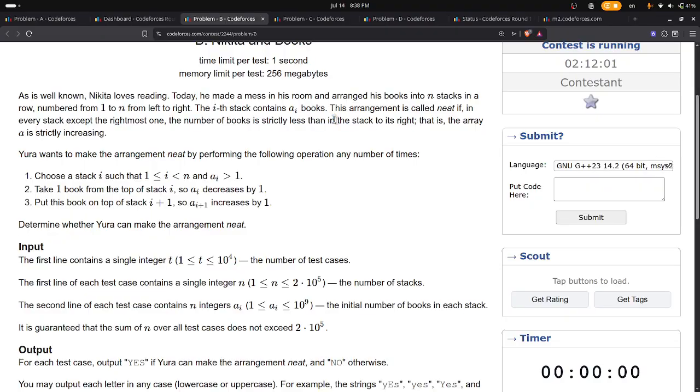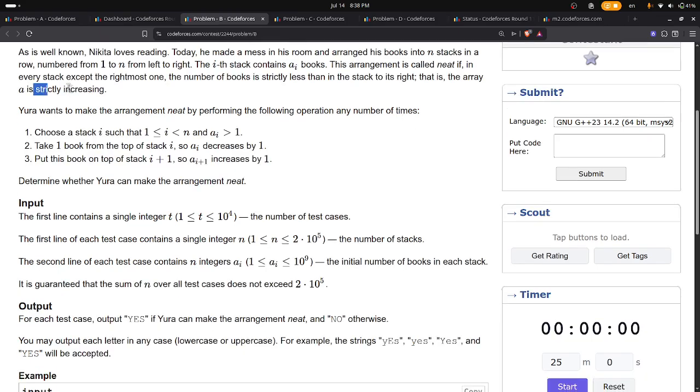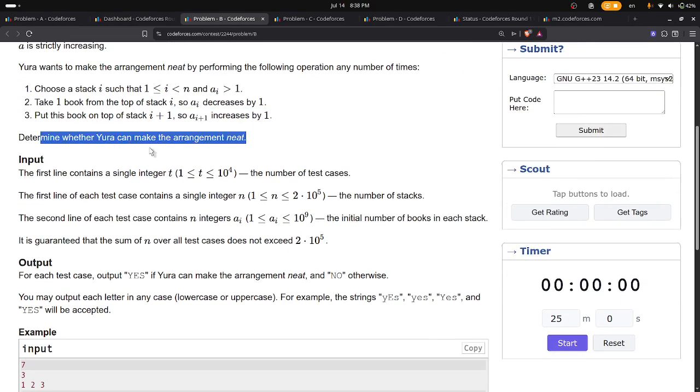Strictly less than. That means the array is strictly increasing. Okay, Euro one wants to make the arrangement neat by performing the following operation: choose a stack i such that it's not the last and it's greater than zero. Take one book from this stack, a[i] decreases by 1, and put it into the next stack, which increases by 1. Determine whether he can make it neat or not.